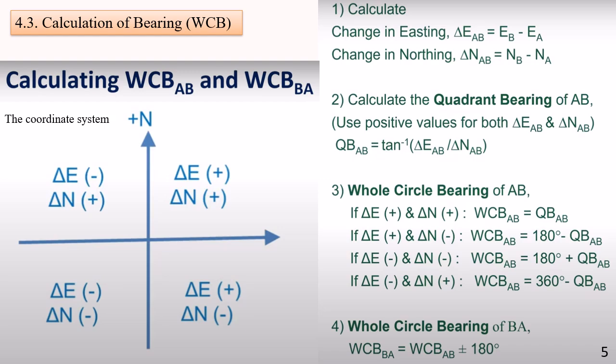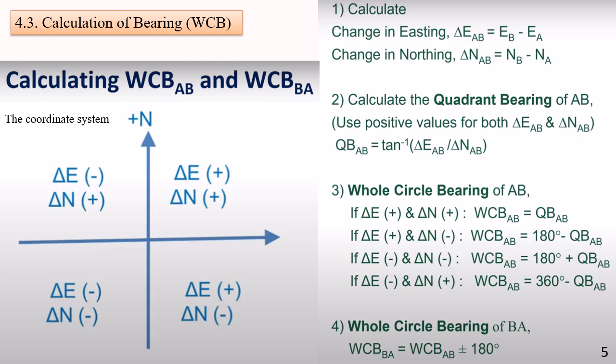Here, the quadrant bearing of AB is the inverse tangent of delta E divided by delta N. And there is an important note here, guys, which is clearly written here: you need to use positive values for both delta E and delta N. You will use the absolute values for both. What exactly is the quadrant bearing? The quadrant bearing is an acute angle between the north-south line and AB.